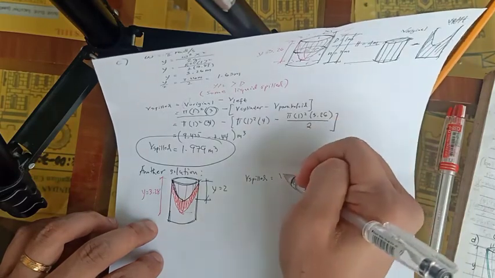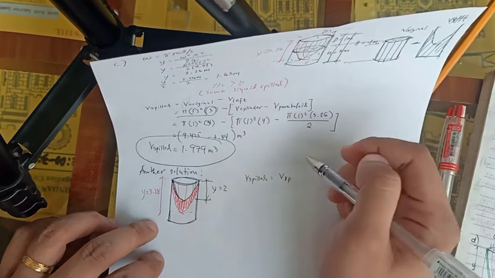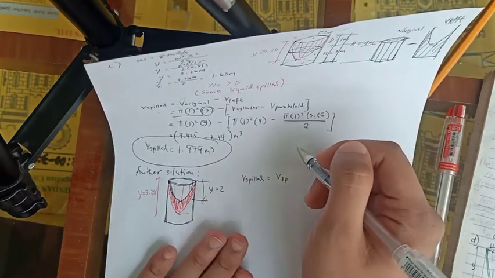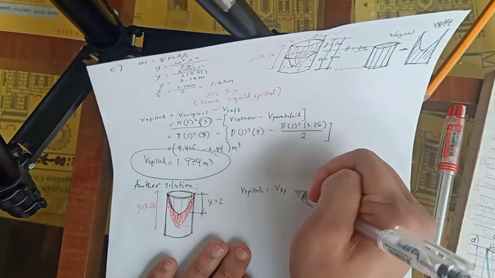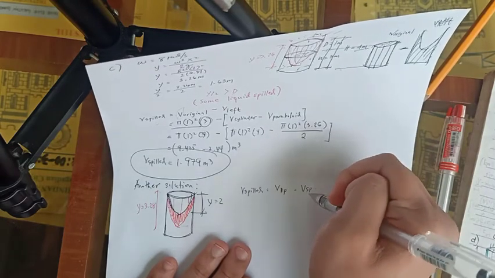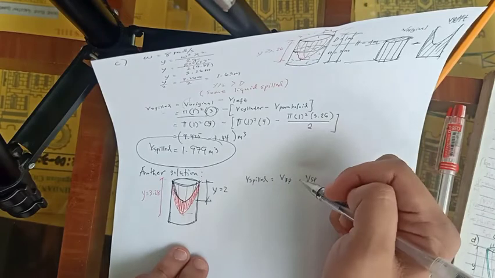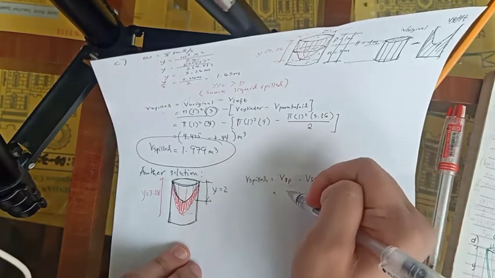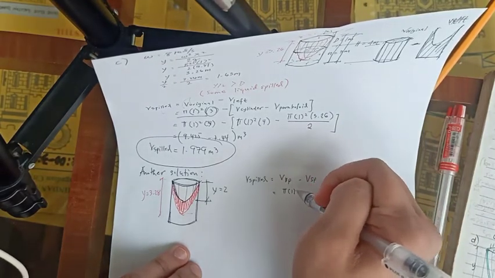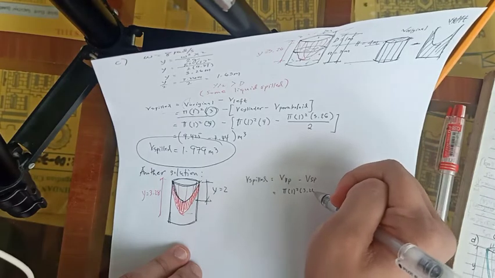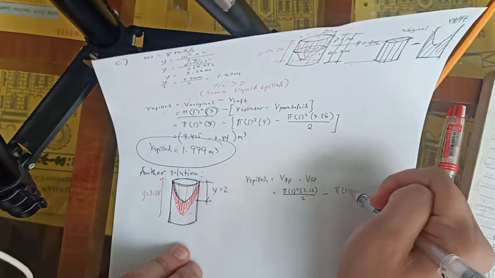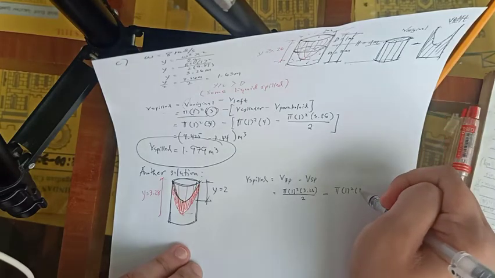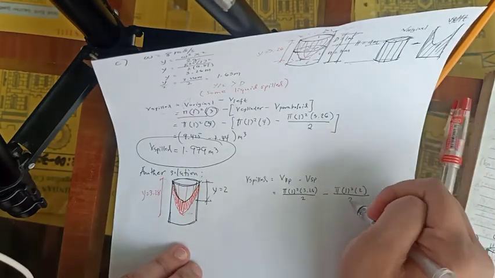So the V spilled equals VBP, the big paraboloid, and VSP, the small paraboloid. So pi 1 squared times 3.26 over 2 minus pi 1 squared times 2 over 2.